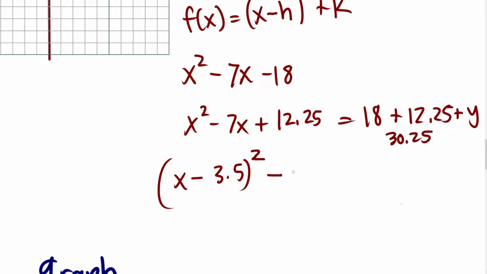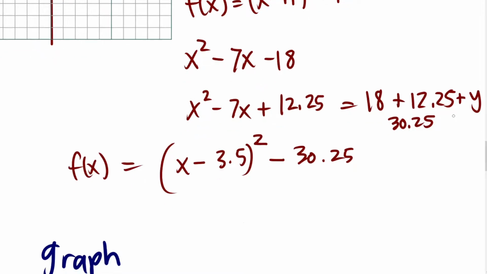We want to move this over, so we'll do minus 30.25. And then if you're in vertex form, it equals y, and that would be your equation. Or what makes more sense in my brain is putting it in front, or doing f of x equals this.